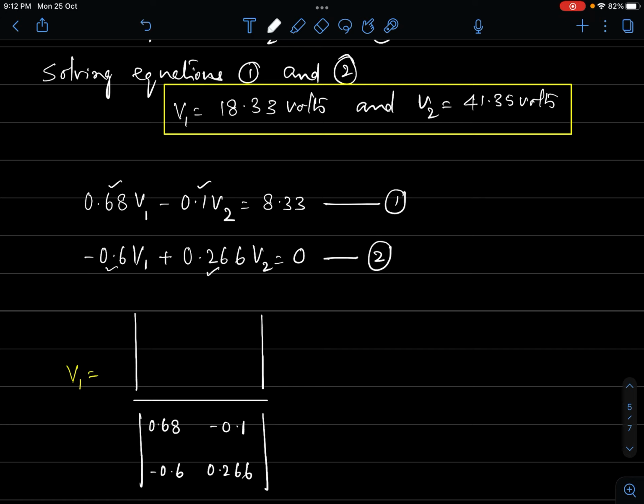So the numerator determinant is delta. In the delta determinant, the first column is replaced with the right hand side coefficients, 8.33 and 0, this is 1. And the other coefficients are retained, 0.1 and 0.266. How do we expand this?